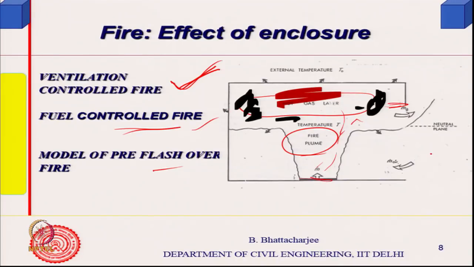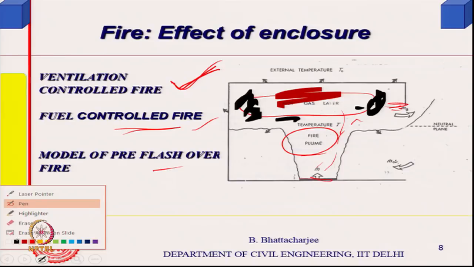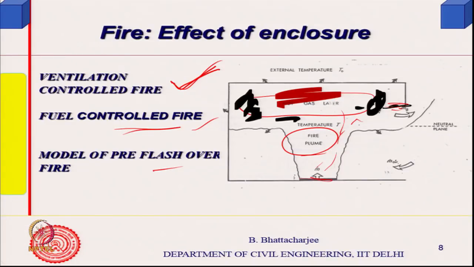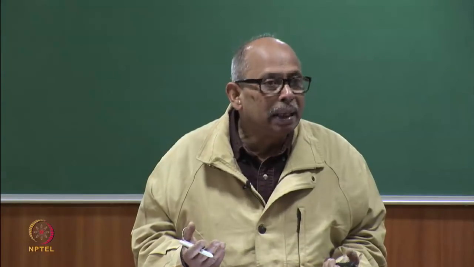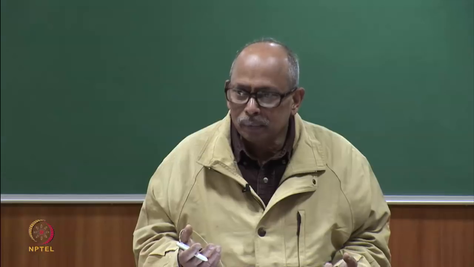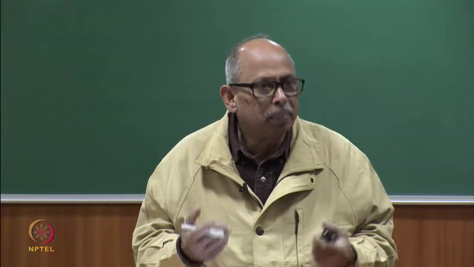There is only one opening left here, just for our simple understanding. So, it will accumulate up to this point, and then what will it do? Once it is accumulated up to this point, it will now start going out, because hot gases, their density is less, temperature high.